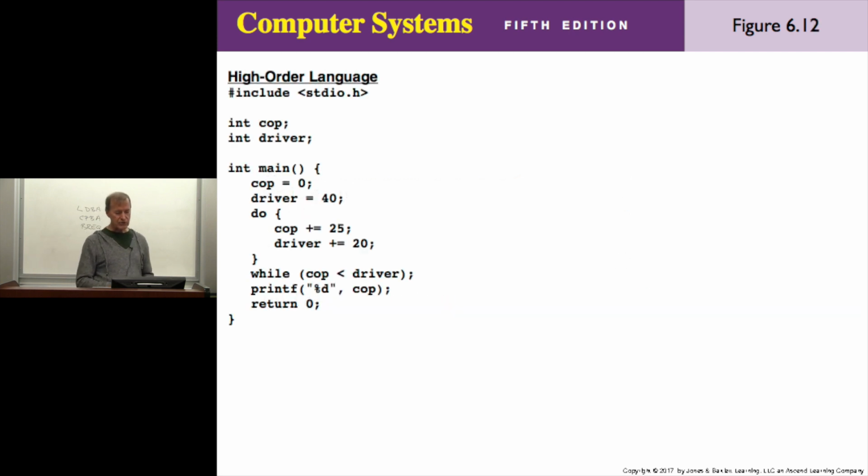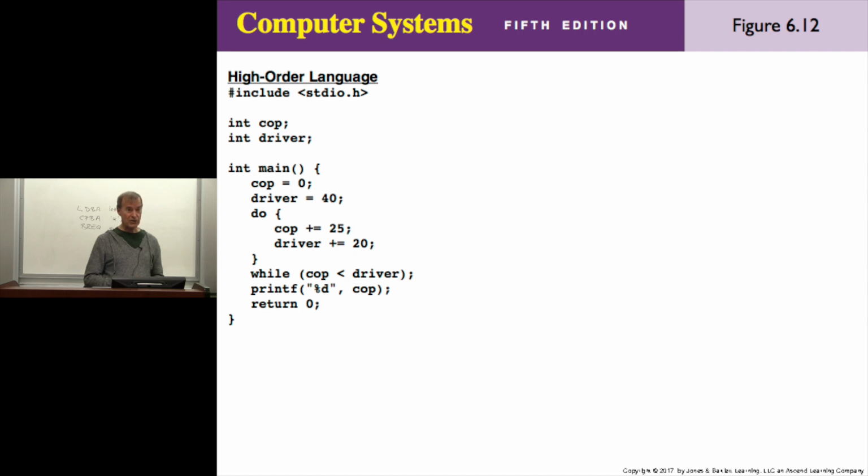Here we have a do loop. Cop and driver are global, so cop gets 0, driver gets 40, and then do. Where is the test for this loop, at the top or the bottom? At the bottom. Now, how would we do cop plus gets 25?